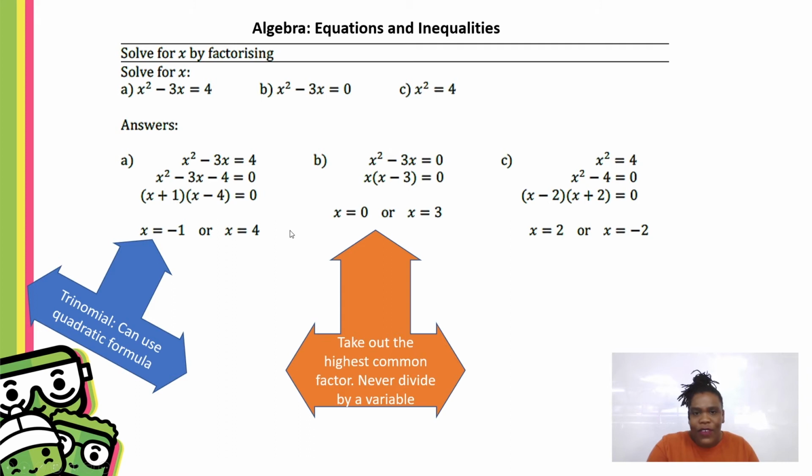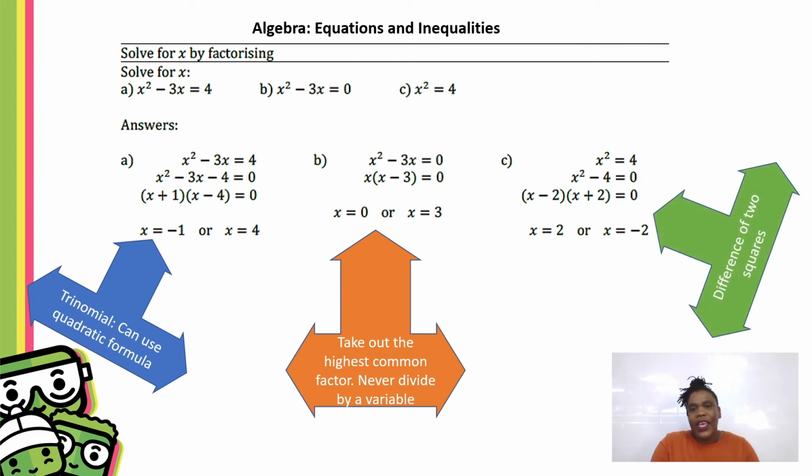Take out the common factor and then use your null factor law to further solve the equation. If you use your null factor law, it will tell you x is equal to 0 or x is equal to 3. So be careful of equations like this, because what most people tend to do when they see two terms is want to divide by the variable, and you never divide by a variable. So keep that in mind. Rather take out a highest common factor instead of dividing by a variable, because you'll lose out on one of your solutions.